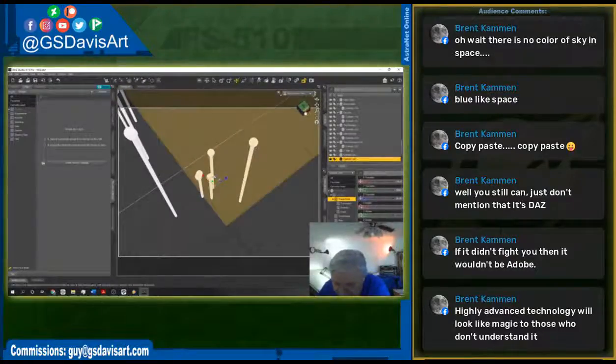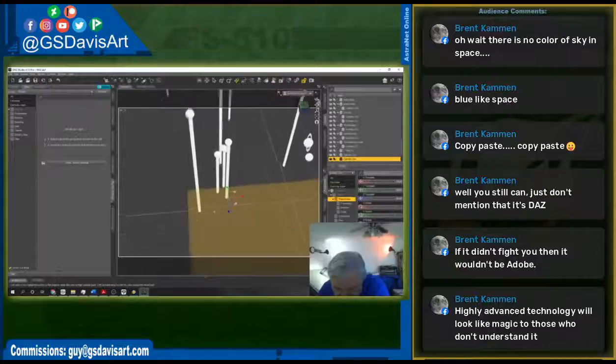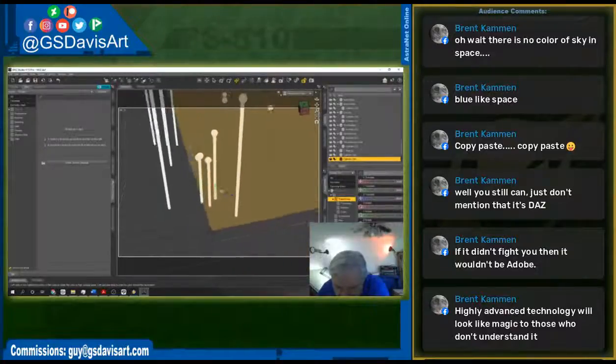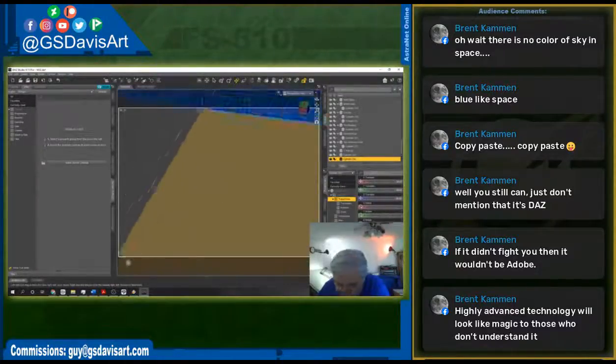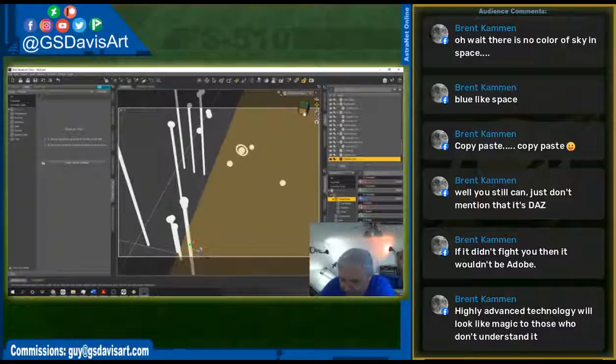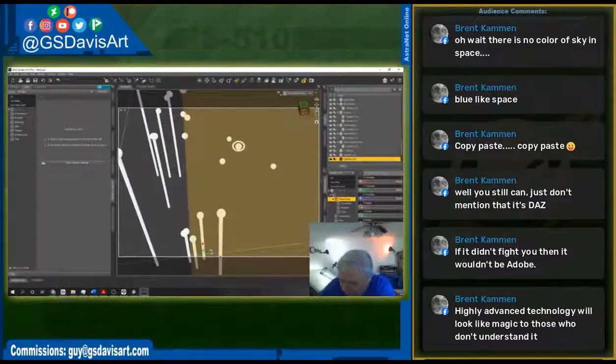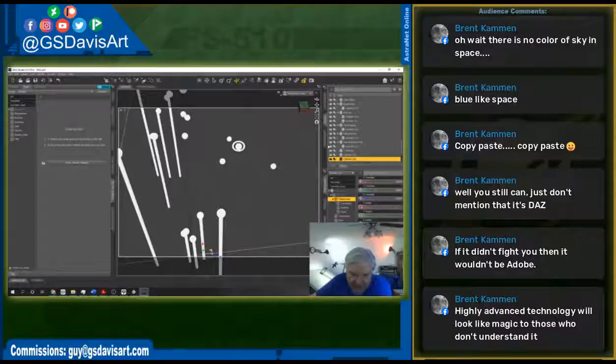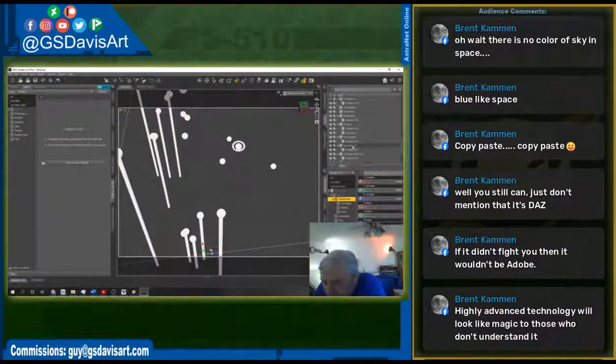Because this is a complex right here. We can already see it. There's a number of stars kind of really close together in that little group. And that's going to be difficult to see once we get to the size of, you know what?